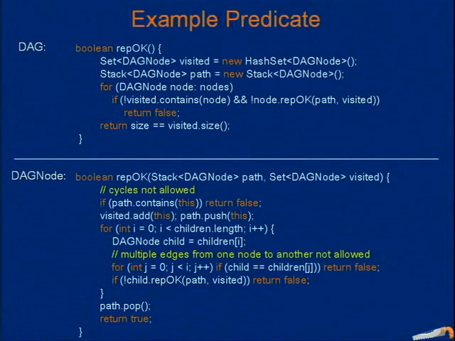Here's an example of how this can look for the DAG. I'm not going to go into all the details, but I wanted to show the entire example, first to show that this is not too hard to use. Another way to argue that it's not too hard is to say that we usually have undergrads who go and write things like this.